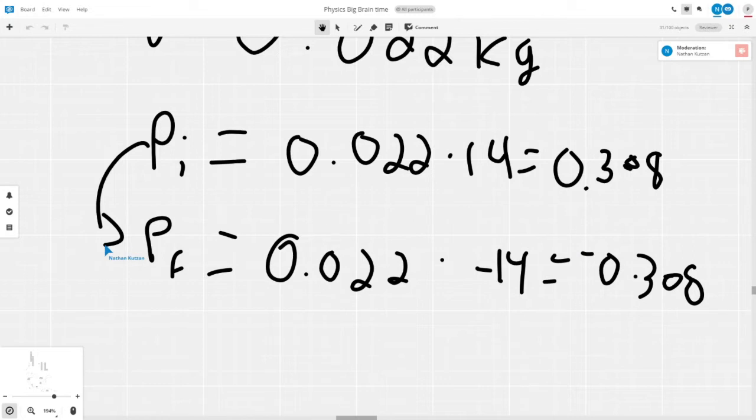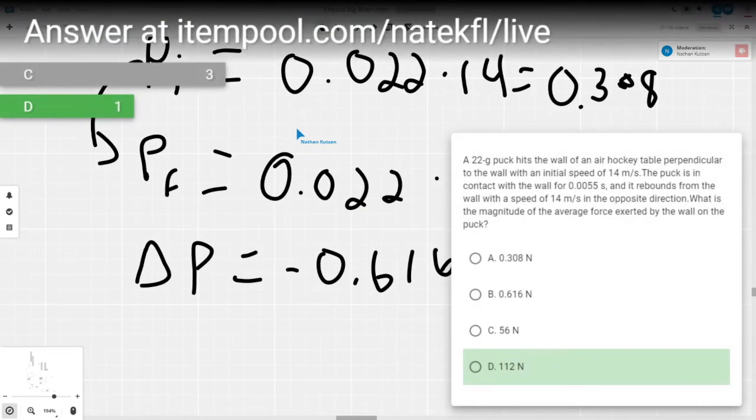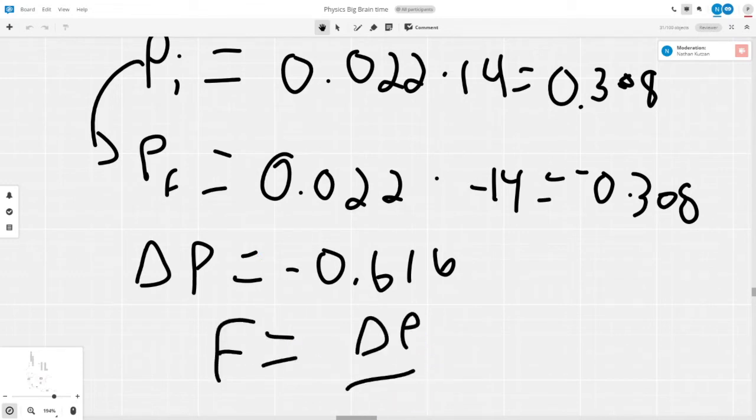Yep. So remember that change is always final minus initial, so change in momentum is equal to negative 0.616. And then finally, the question asked us for the average force, and remember that force is equal to change in momentum over change in time.